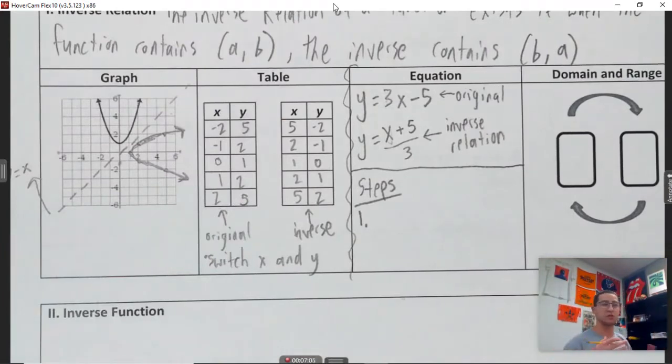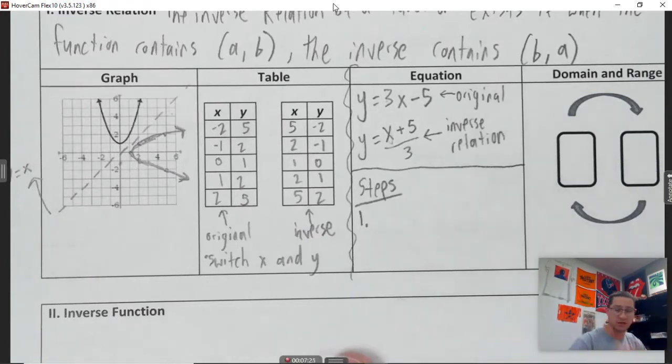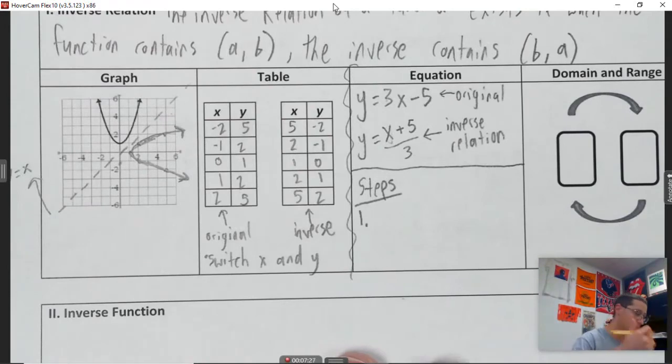It depends on the type of equation, whether square root, exponential, logarithmic, whatever it is. The type of function determines how hard it is to convert it to its inverse. But for the most part, the steps are relatively simple.